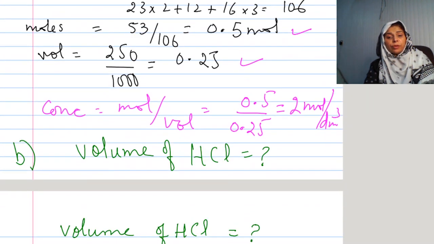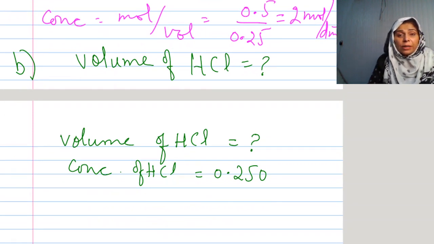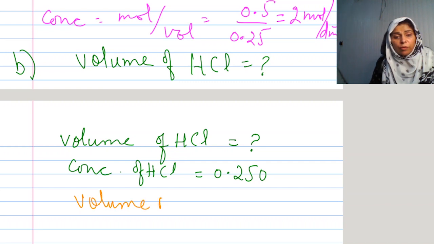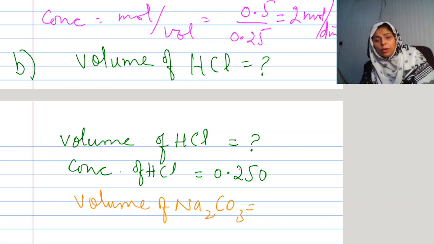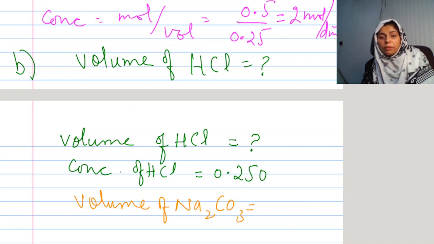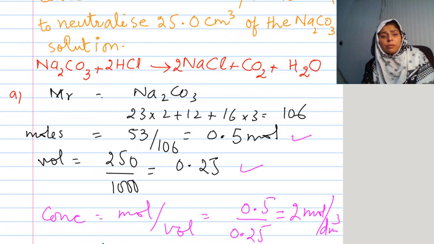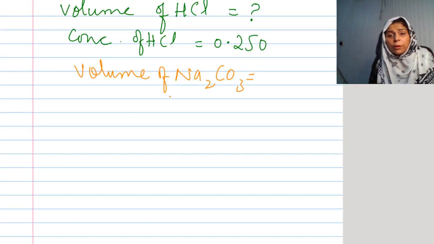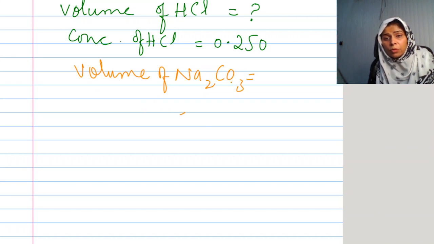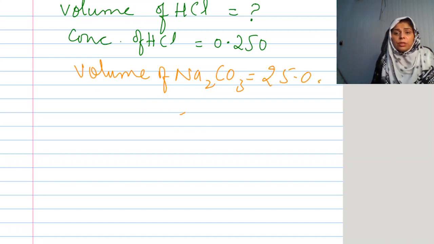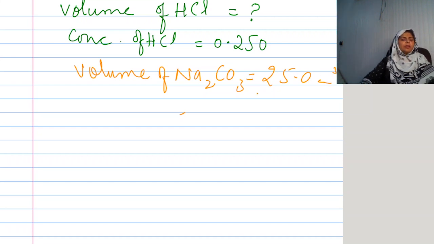So the volume of Na2CO3 is given, 25.0 centimeter cube. Okay, what we have to do, first of all, is the ratio method.